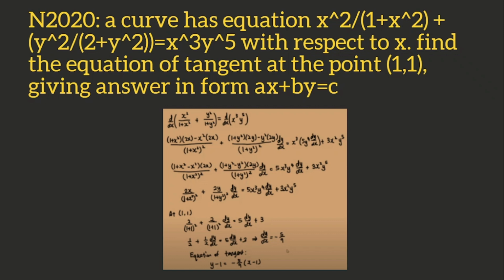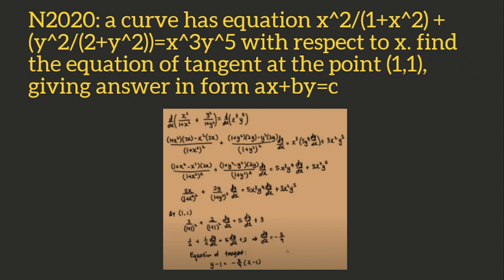We don't necessarily need to make dy/dx the subject, because they already tell us that we have the x value and y value, which in this case is going to be 1 and 1. So when we do that, we substitute all the values in. We can make dy/dx the subject, which in this case will just be minus 5 over 9. And finally, we will just find the equation of a tangent, which will be y minus 1 equal minus 5 over 9 (x minus 1).